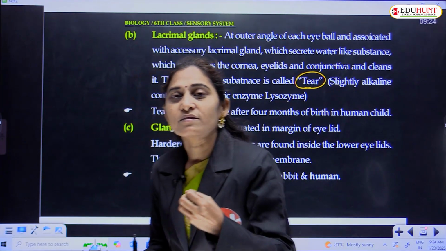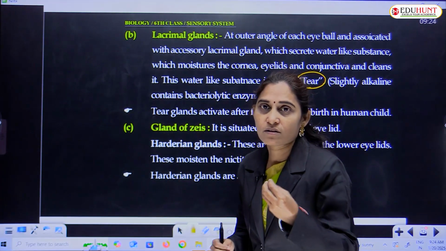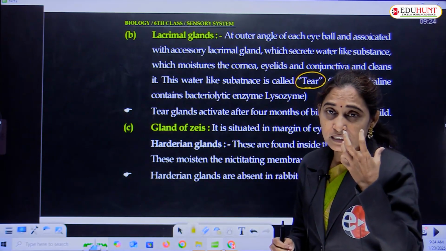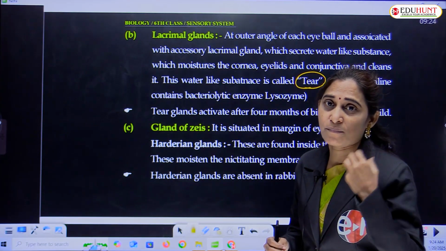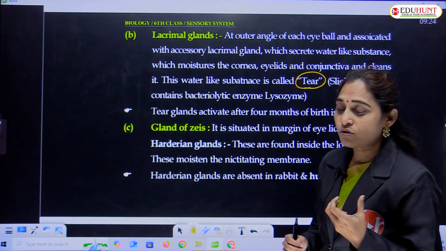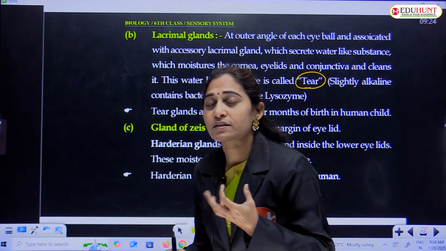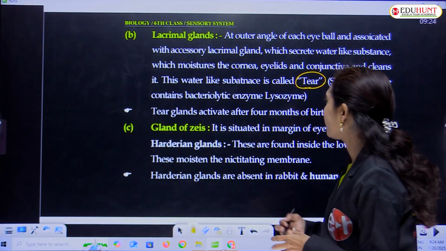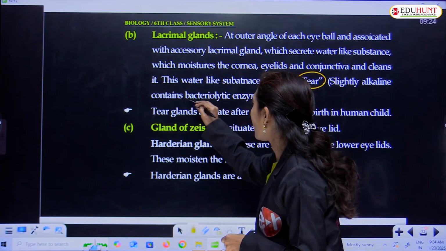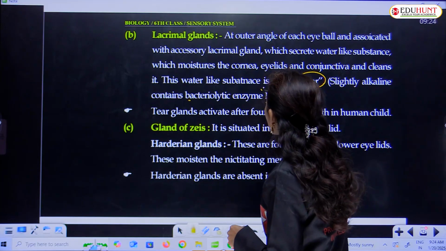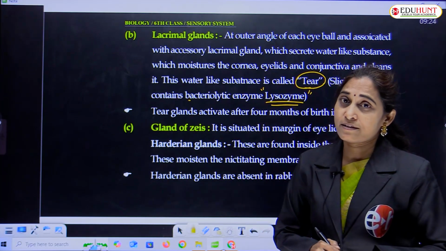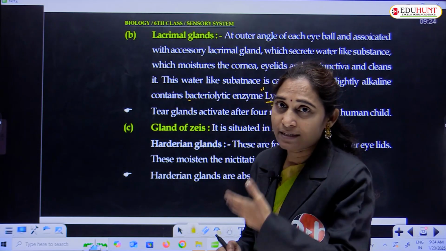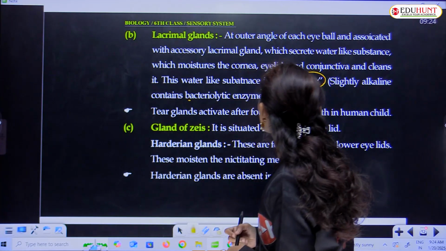They eliminate the dust particles from the eyes, and not only that, they protect the eyes from the pathogens like bacteria, because they have an important bacteriolytic enzyme called the lysozyme. Lysozyme is an enzyme that kills bacteria. This enzyme is present in tears.